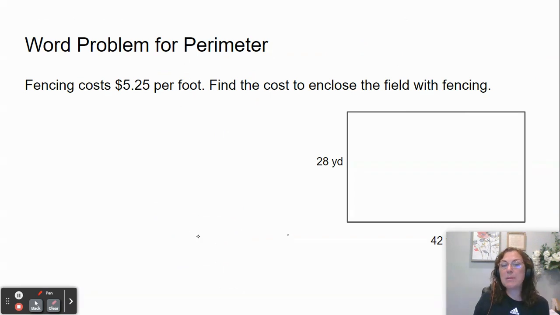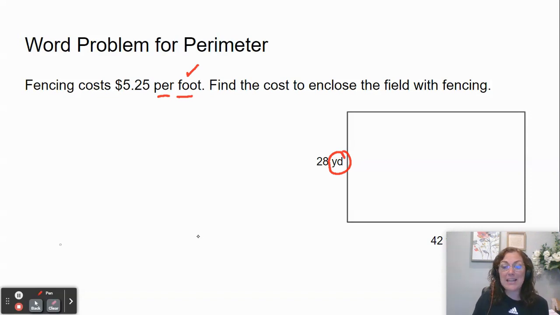Let's take a look at a word problem for perimeter. We are told that fencing costs $5.25 per foot. Find the cost to enclose the field with fencing. You'll notice that our field is 28 yards by 42 yards, but our fencing is sold per foot.